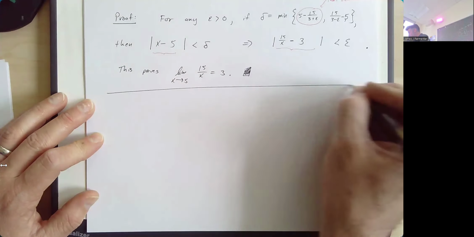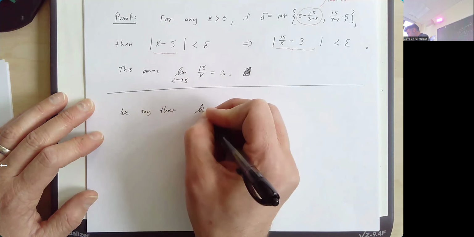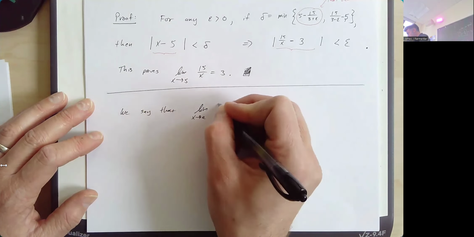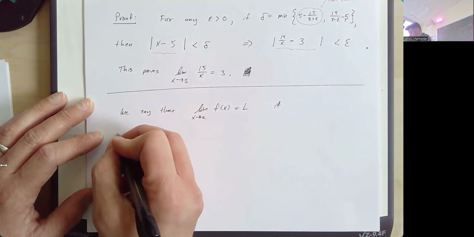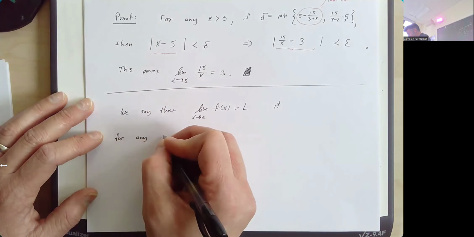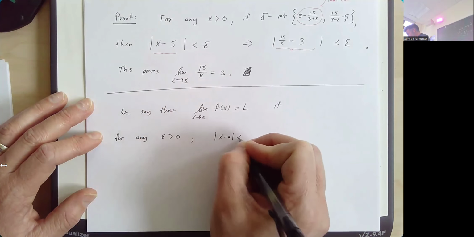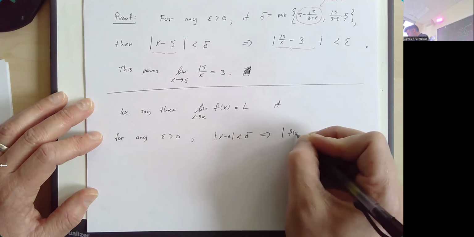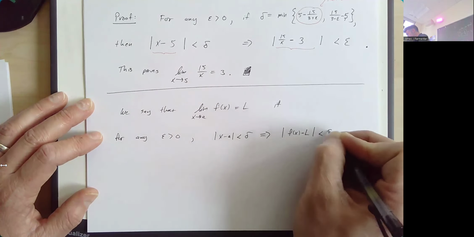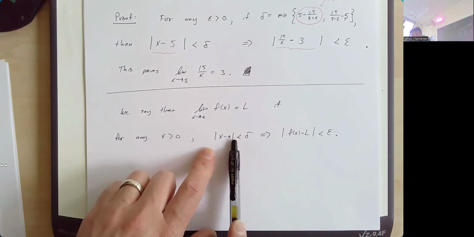We say that the limit as x approaches a of f of x is equal to L if for any epsilon greater than 0, the absolute value of x minus a being less than delta implies the absolute value of f of x minus L is less than epsilon. That is the definition of the limit of something equaling a number: if this is true, then this is true.